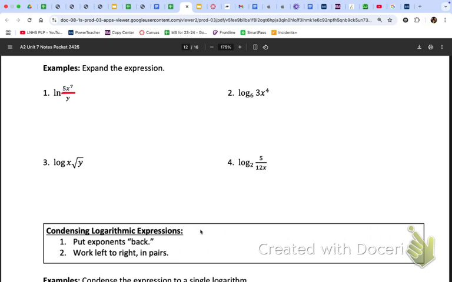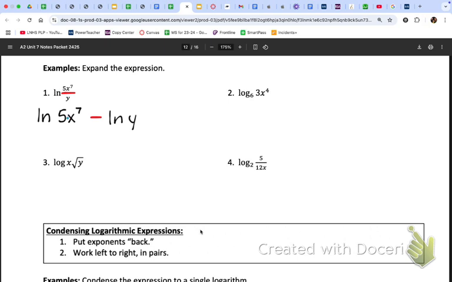You see at the top of the page, when you have division, you can split it by subtracting. So natural log of 5x to the 7th minus natural log of y. So it's the exact same rules as exponents. When I see division, I subtract my exponents. Okay, right here, do you see how the 5 is right next to x to the 7th?